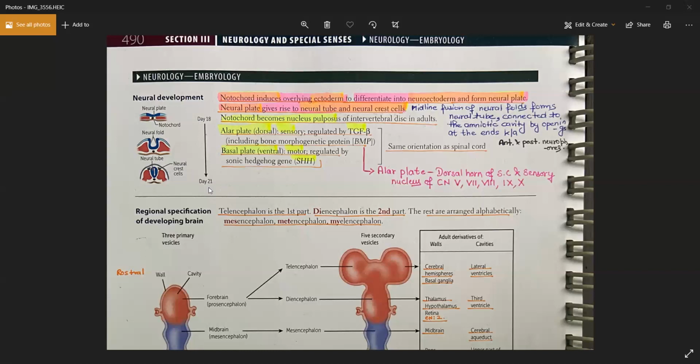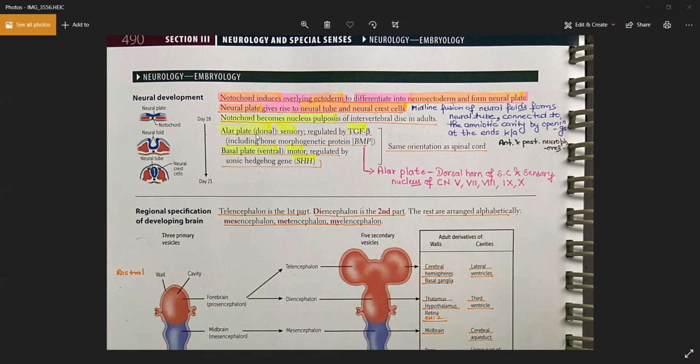Now, when the brain is completely formed, the notochord will become the nucleus pulposus, and you know that this nucleus pulposus is present in the intervertebral discs, right? You have two plates, one is the alar plate and the second is the basal plate. The alar plate is the dorsal plate, the basal plate is the ventral plate.